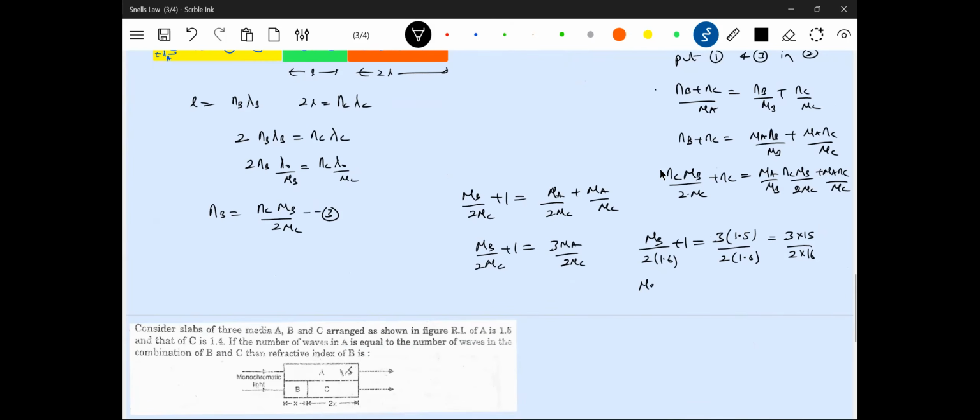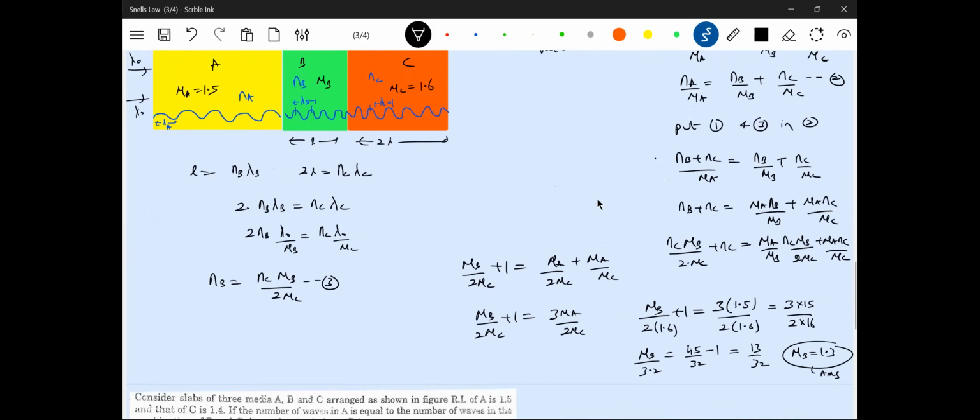Further simplifying, this will be 45 by 32 minus 1. 45 minus 32 will be 13 by 32. Mu B will be 1.3. So this will be our answer.